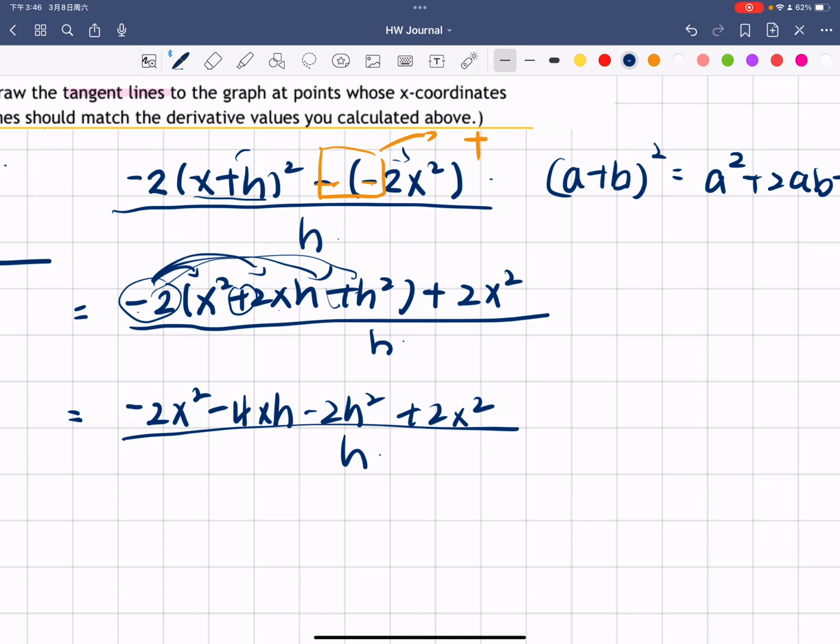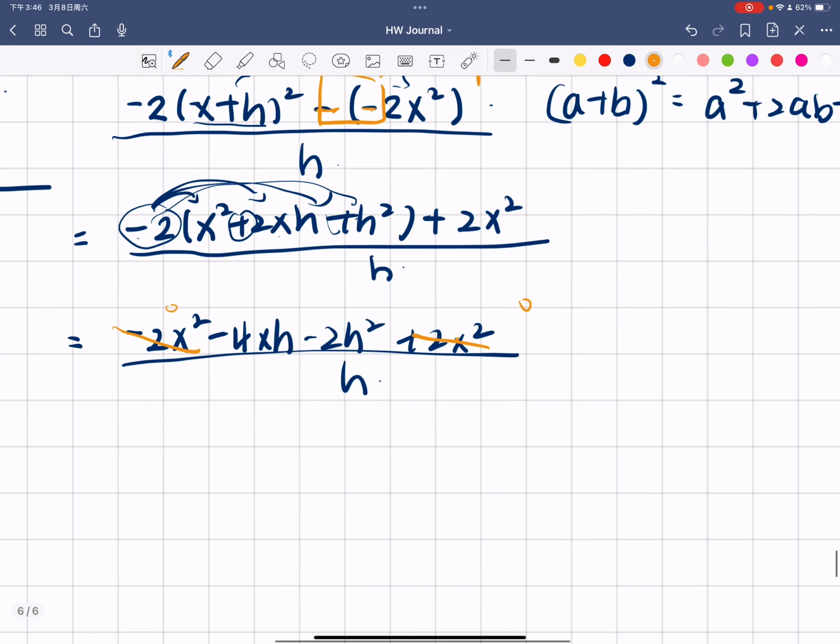And then we're going to be combining like terms. First, negative 2x squared plus 2x squared equals 0. Simple. What we're left with is negative 4xh minus 2h squared over h.